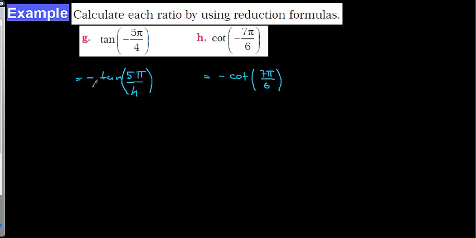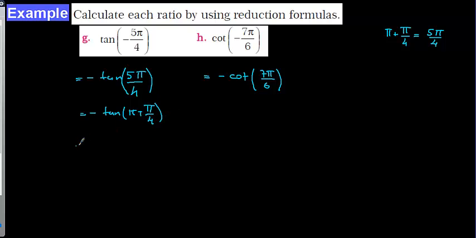When I am explaining 5 pi over 4, we should separate this one as pi over 2 or pi form. So pi plus pi over 4 is equal to 5 pi over 4. Then instead of 5 pi over 4, I'm going to write minus tangent of pi plus pi over 4.